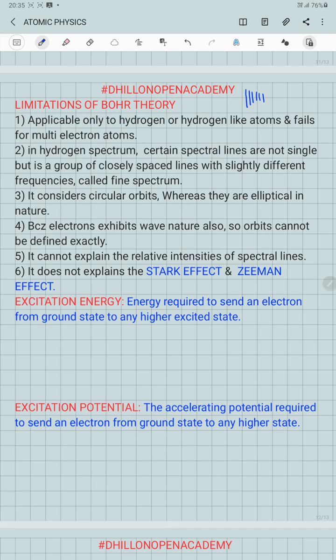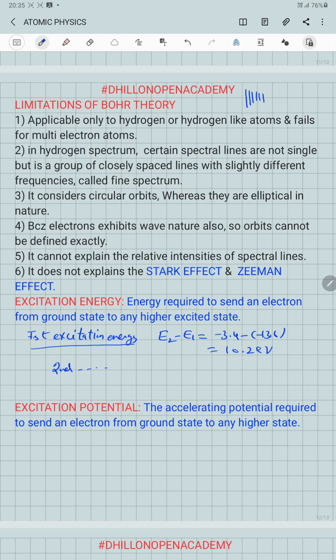For example, first excitation energy, in which we send an electron from the first level to the second level, will be equal to E2 minus E1, which is minus 3.4 minus (minus 13.6), equal to 10.2 electron volt.